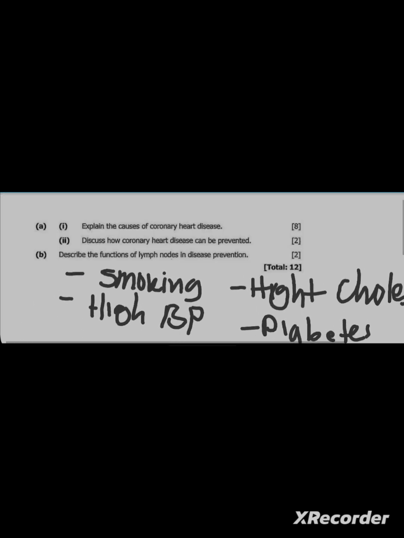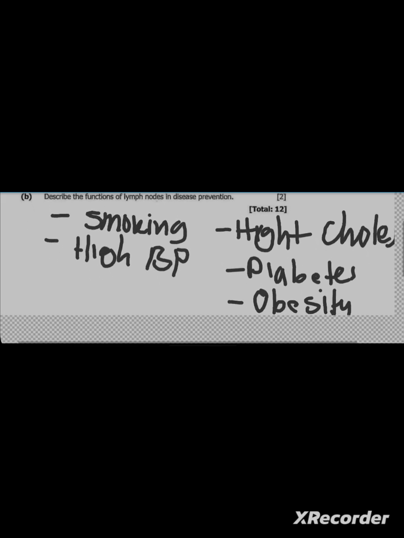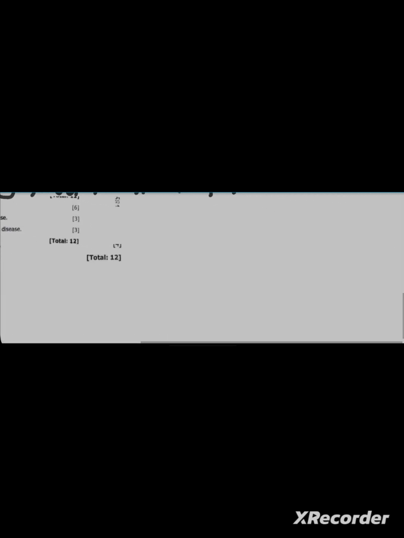Then we have got another question which is saying describe the functions of the lymph nodes in disease prevention. So lymph nodes. Okay, let me just get this space here, which is B. So the function of the lymph nodes is just immune cell activation.